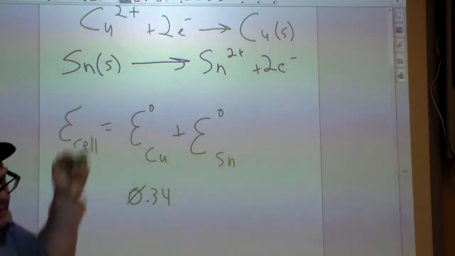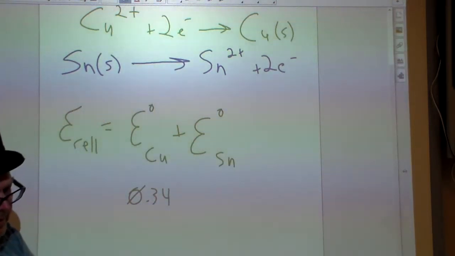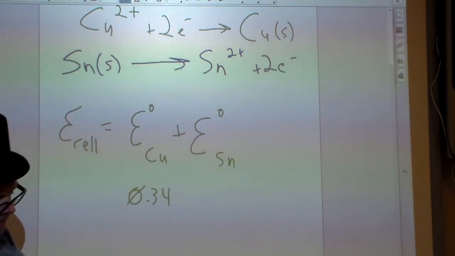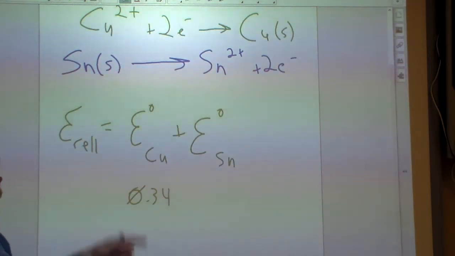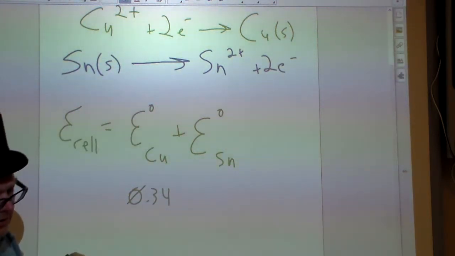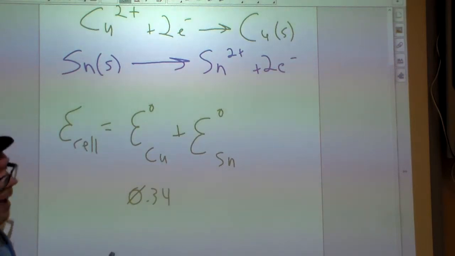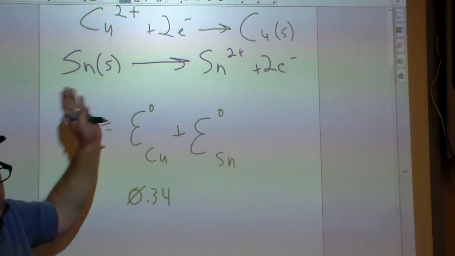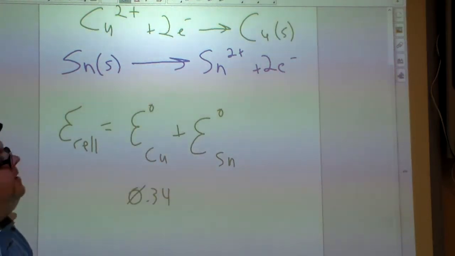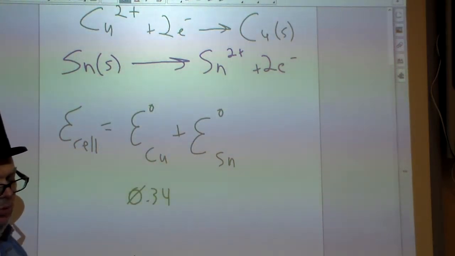But when we look at the Sn, that's a little bit different because the solid is now changing. Let me go back and find it. Here we are. When it goes in this direction, it's going to be the opposite. If it was solid tin forming, if we had this reversed, it would be negative 0.14.